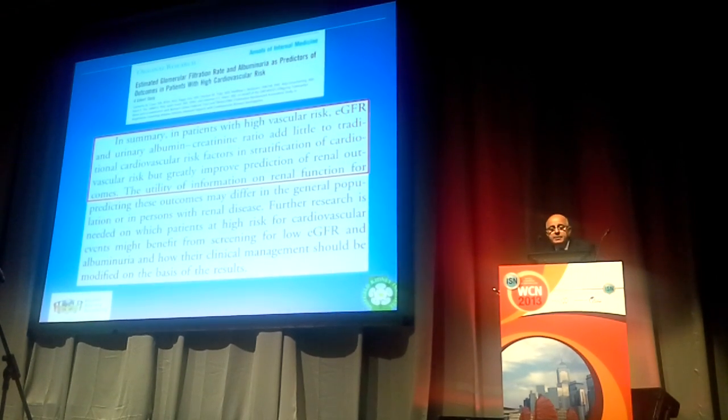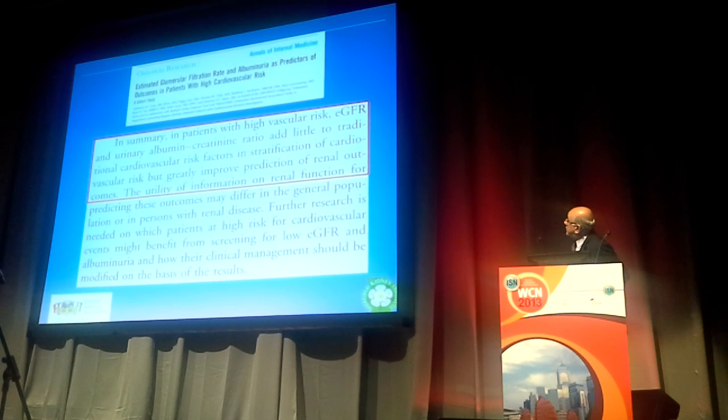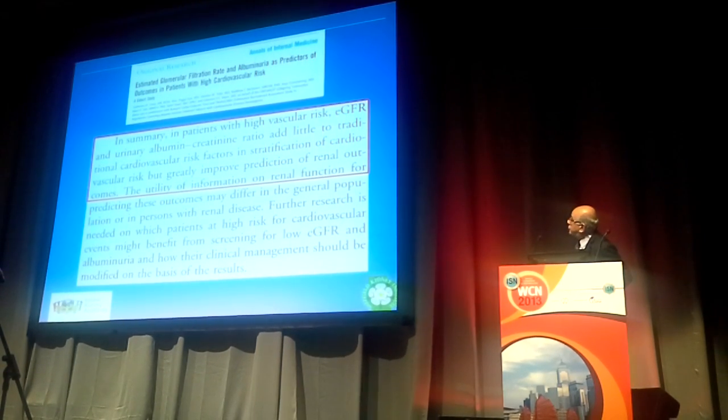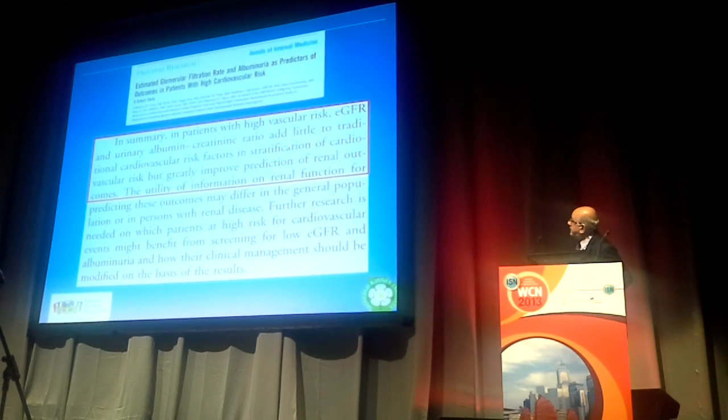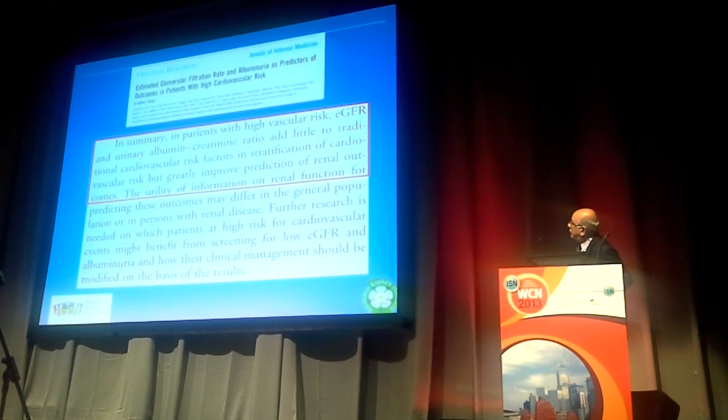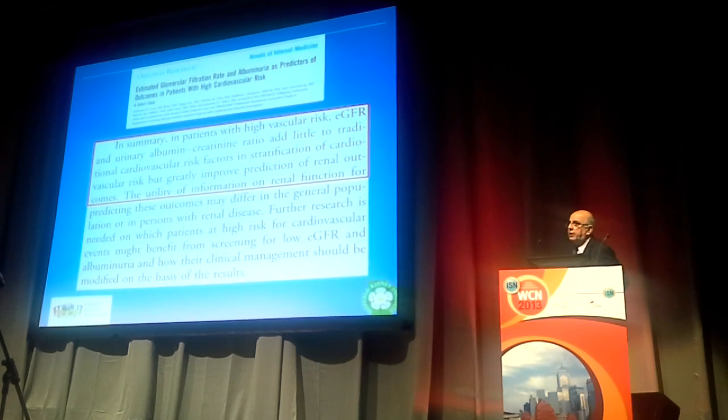So they concluded that adding eGFR and albuminuria adds little to traditional cardiovascular risk factors in stratification of cardiovascular risk. Of course, it added prediction of renal outcomes.